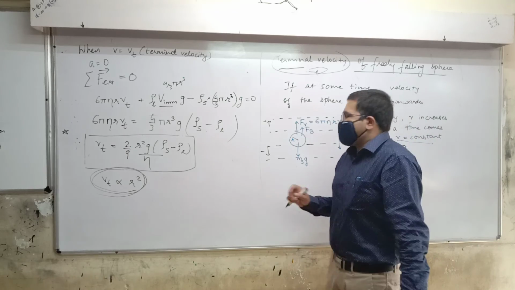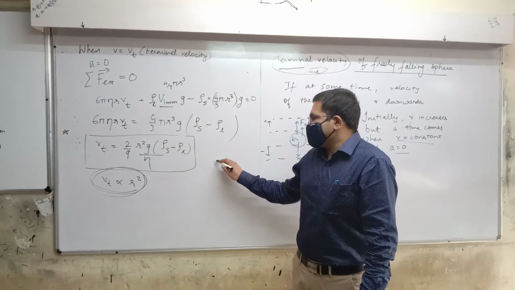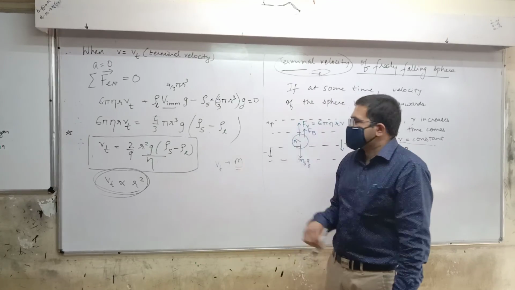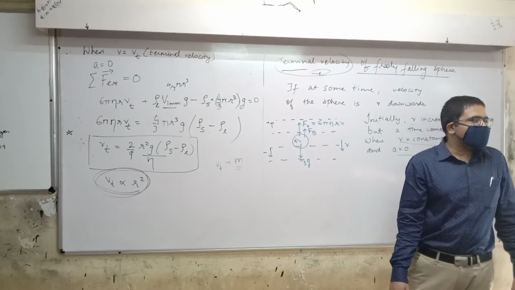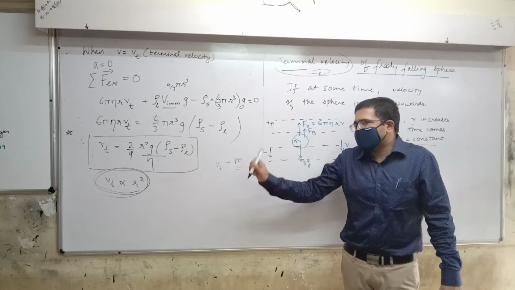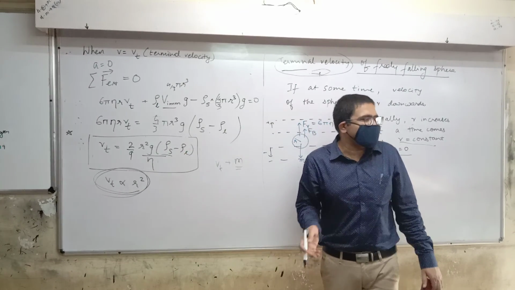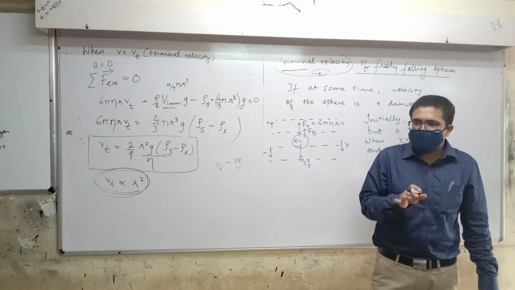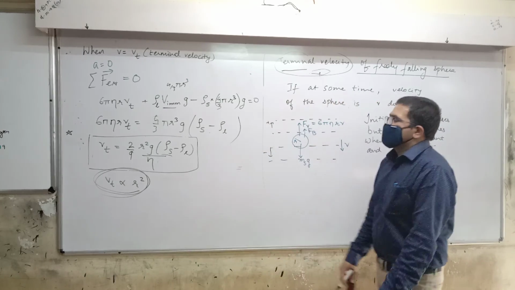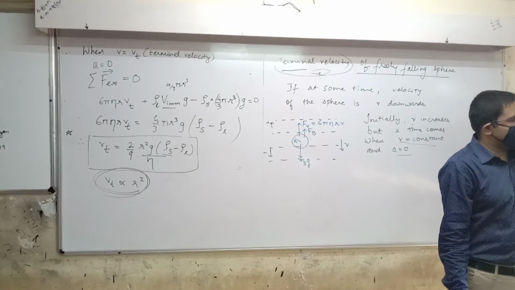And interestingly, do you notice that Vt directly does not have any relation with mass? Yes, but it has relation with density. So indirectly, it's there. Right? Fine. So that's the formula of terminal speed.